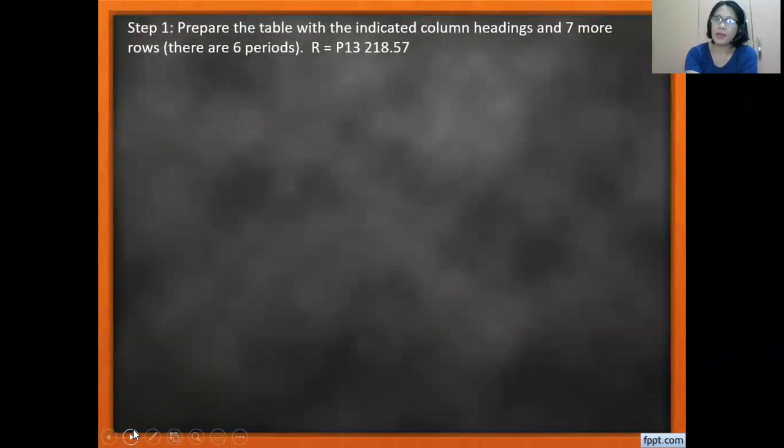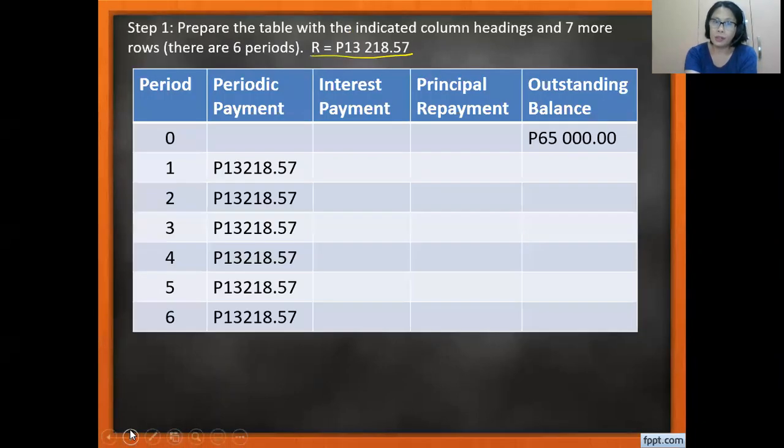So this is how we create an amortization schedule. First, we prepare the table with the indicated column headings and 7 more rows. So this is the periodic payment, no? So we calculated for this earlier. Okay, so we're going to place the periodic payment. As you can see, this is constant from period 1 up to period 6. I told you that there are 6 repayments because this is semi-annually and then 3 years to pay.